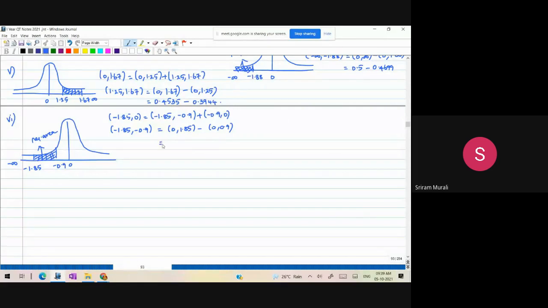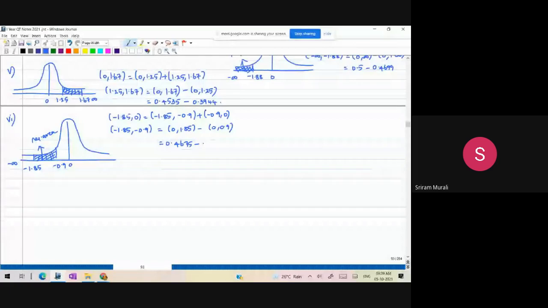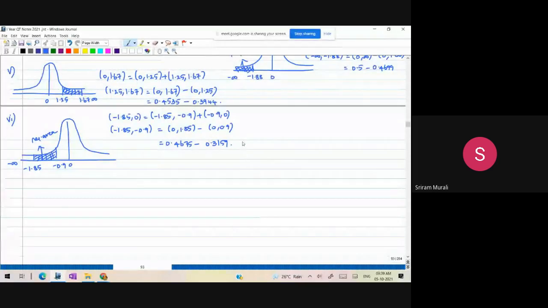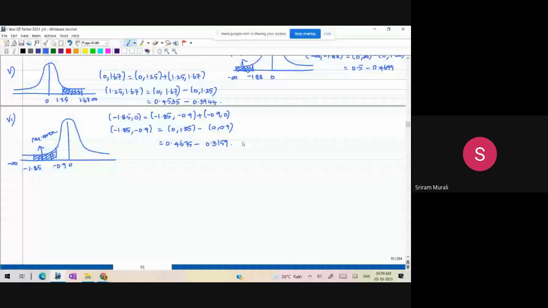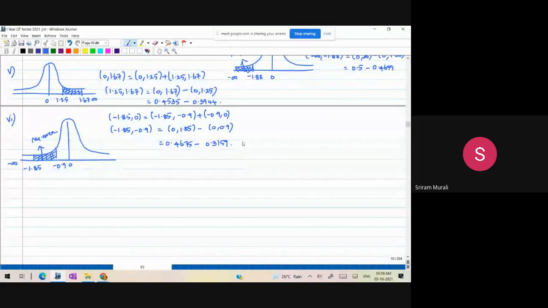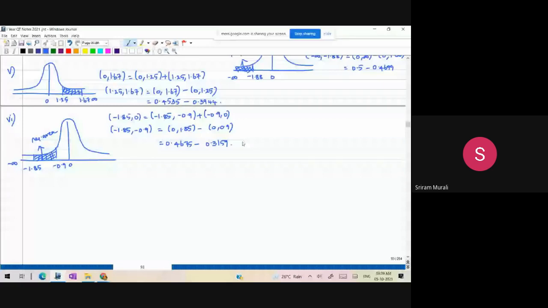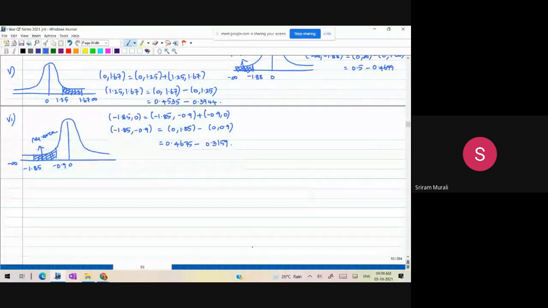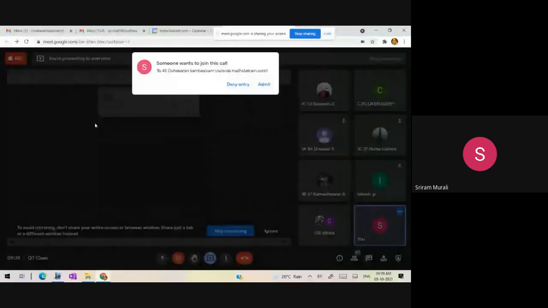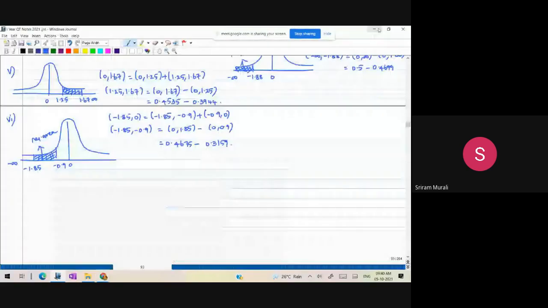It is 0.4675 minus 0.3159. Have you all understood?